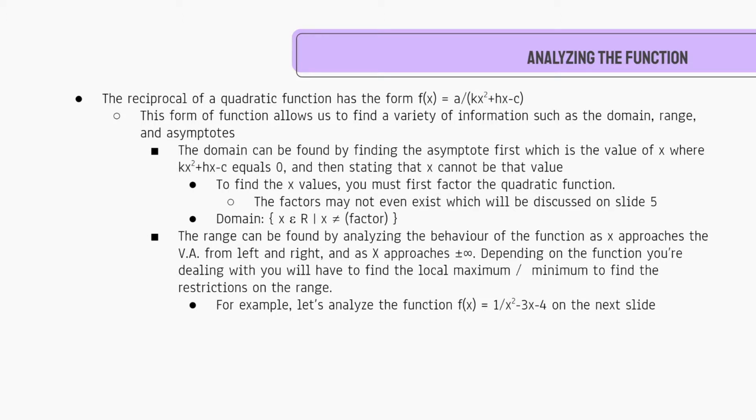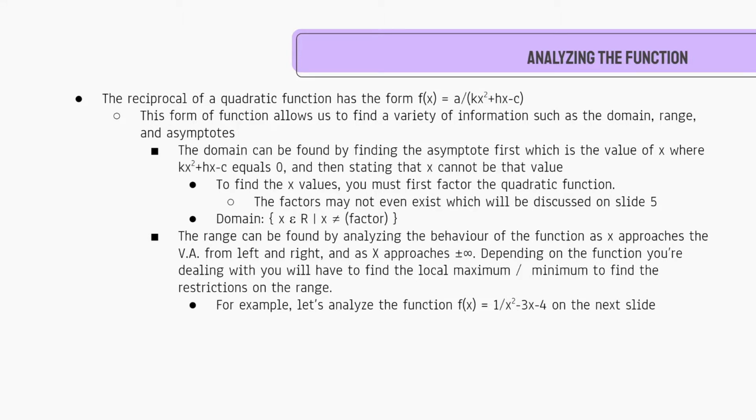Again, the domain can be found by first of all finding the asymptotes, which is the value of x where the quadratic equals 0. Then you should state that x cannot equal those values. To find the x values, you must first factor the quadratic function.